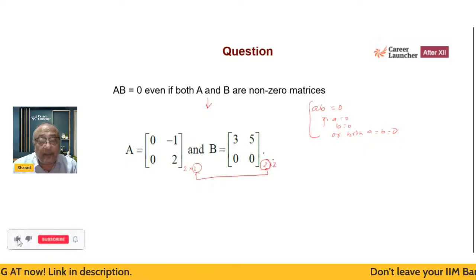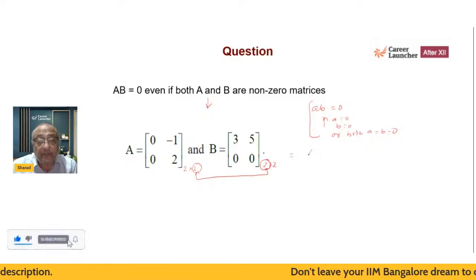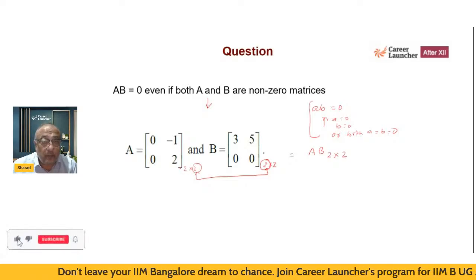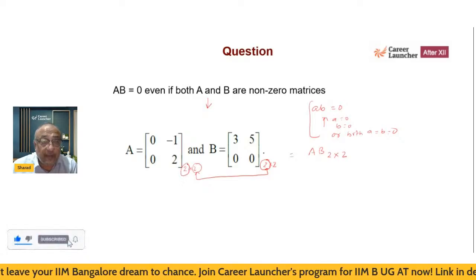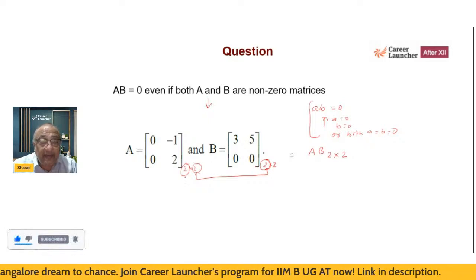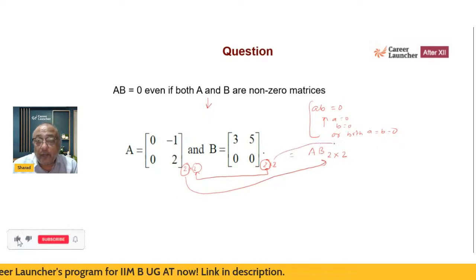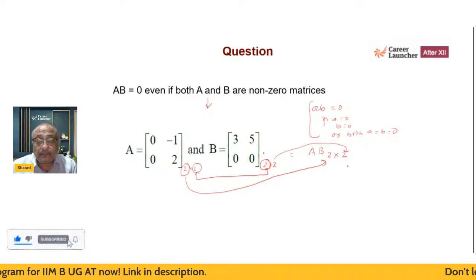And finally, we will get a matrix AB, which will be of order 2 cross 2, the rows of the prefactor and the columns of the post factor, right?